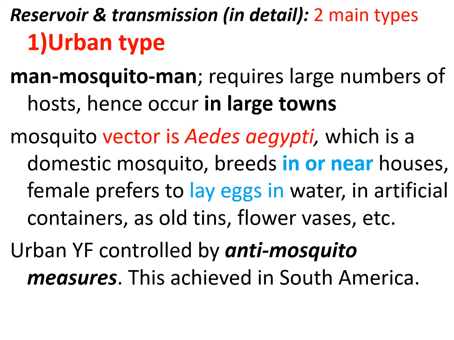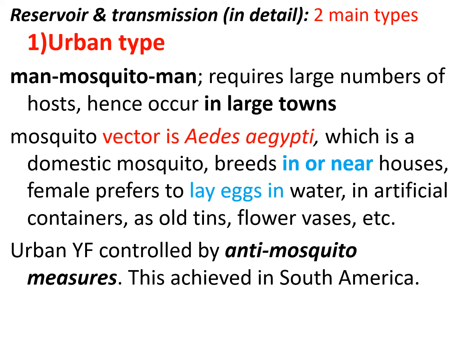Reservoir and transmission in detail. Two main types. Urban type, as we said: man, mosquito, man. It requires large numbers of hosts, hence occurs in large towns. The mosquito vector is Aedes aegypti, a domestic mosquito that breeds in or near houses.